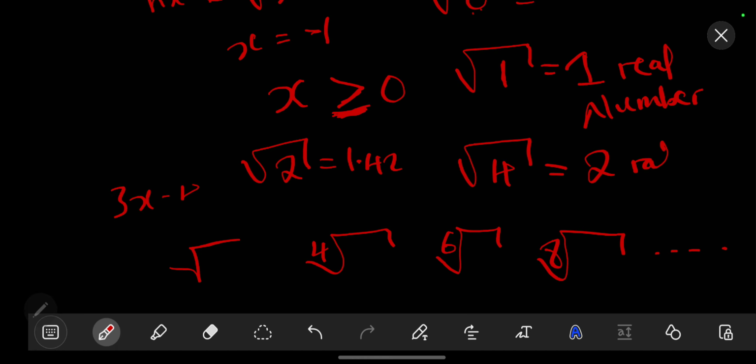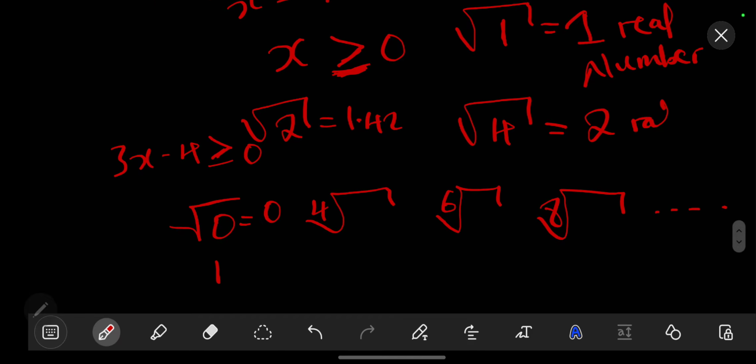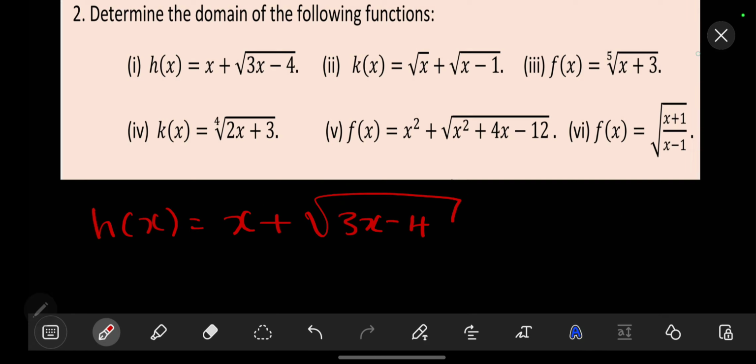If it's 3x minus 4, then it should be greater than or equal to 0. If it's greater than or equal to 0, that means if your final result is 0, you can still evaluate your answer. If your final answer is 1, then you can still evaluate the answer. So now, with that said, let us solve the question.